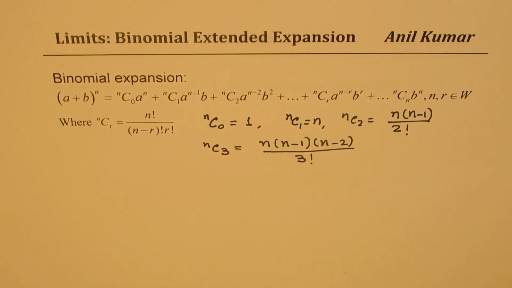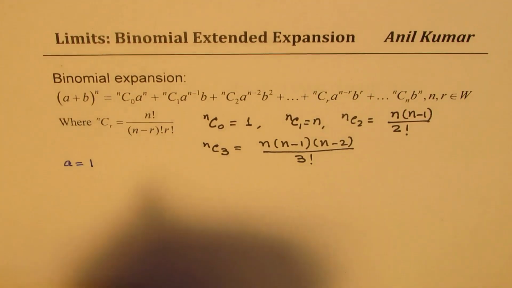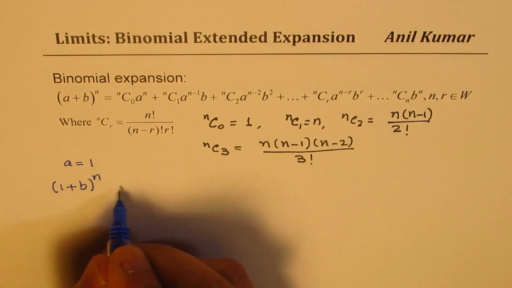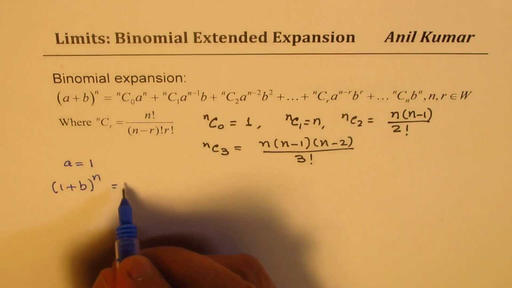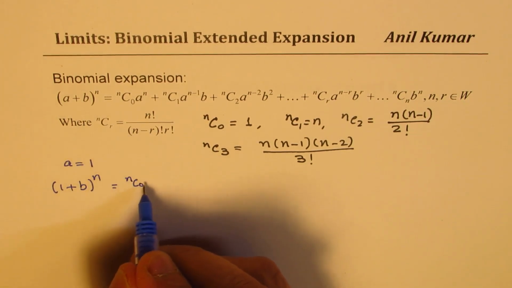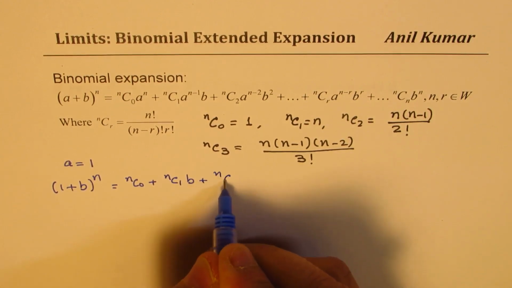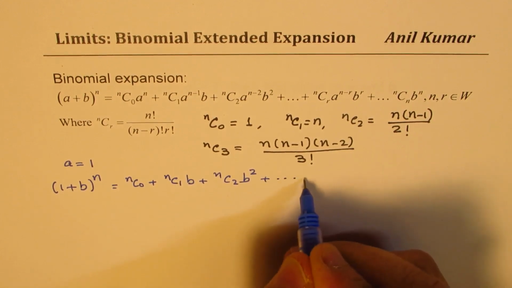Now let's take a few important examples here, especially the case when a equals 1, right? In that case, we get 1 plus b to the power of n, correct? And we'll have nC0, which is basically 1, plus nC1 b plus nC2 b squared, and so on, right?